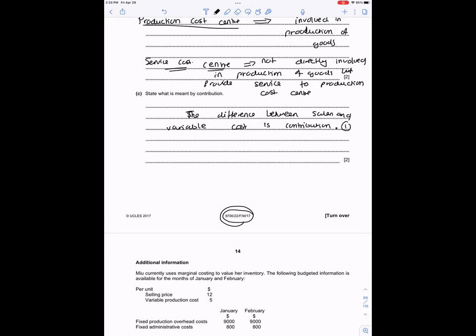The amount is used to recover fixed costs and it contributes towards providing profit. Okay. Contribution tells us the amount each unit will contribute towards the recovery of fixed costs.